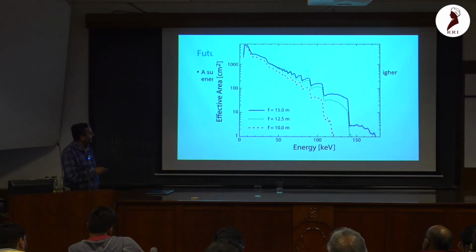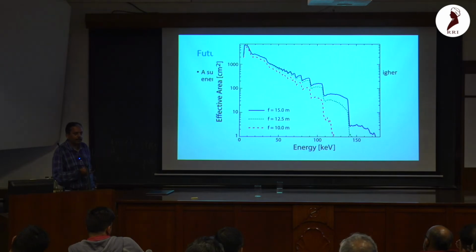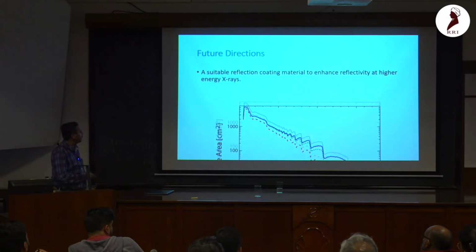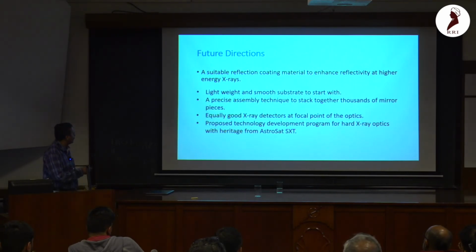Recently there has been a study that if you use a material called nickel vanadium, it can extend the focusing capability all the way up to 150 keV instead of 80 keV. So we can go to more than 150 keV or so. This is one of the promising materials that we can use in future. And of course, it has to be a lightweight, smooth substrate.